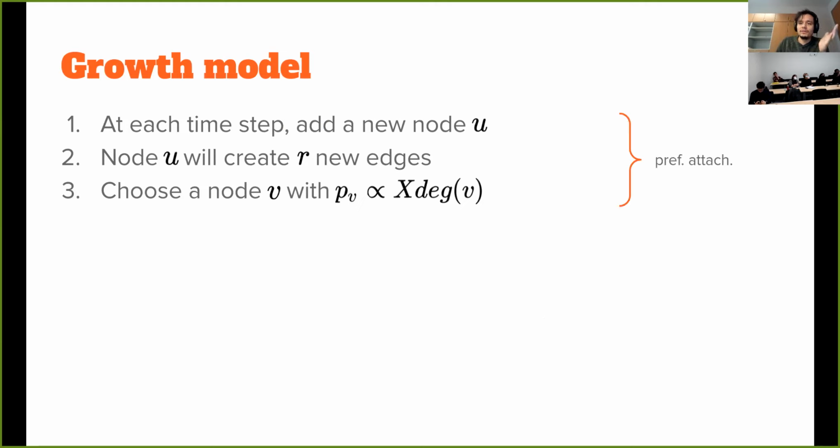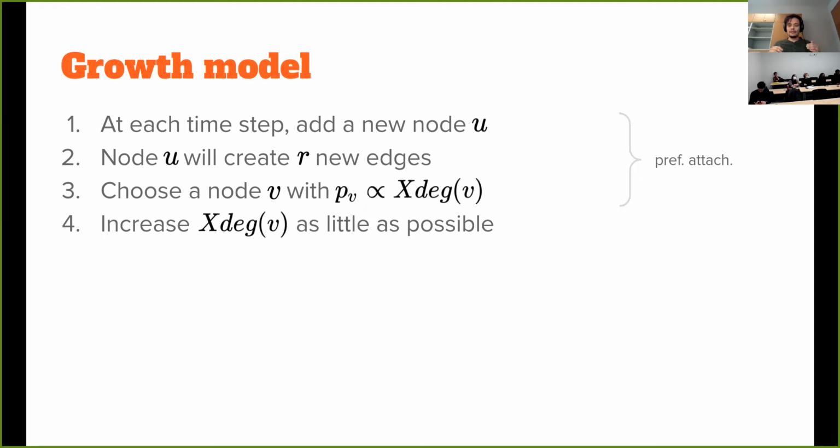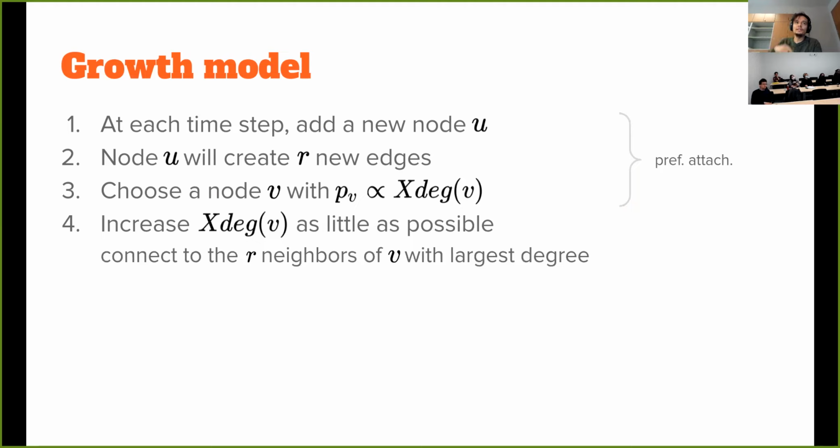So this first part is very much reminiscent of preferential attachment, just based on x degree instead. And then remember, what I'm trying to do is increase localization as much as possible. I want to see a localized eigenvector, which is the same as saying decrease x degree as much as possible, or said another way, I want to increase the x degree of the chosen node as little as possible. And now, if you look at the math, if you work it out, then you will be able to find that the way to increase x degree as little as possible is to connect to the R neighbors.